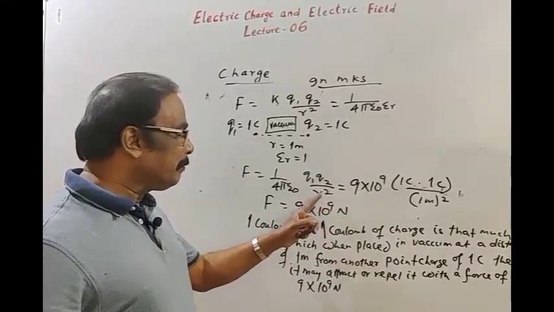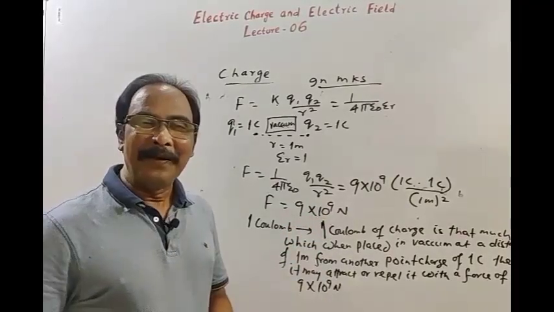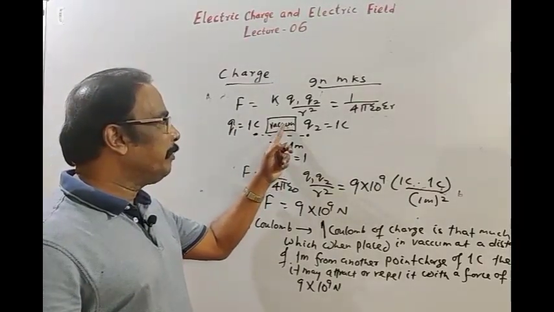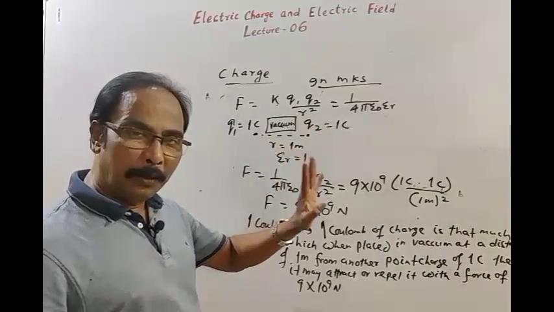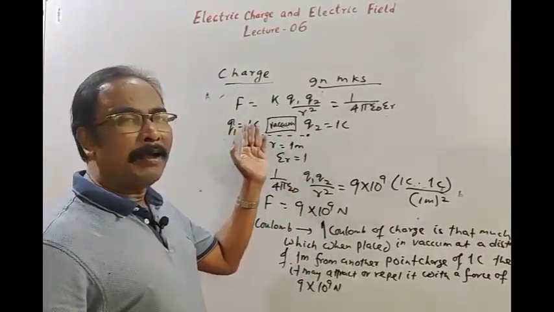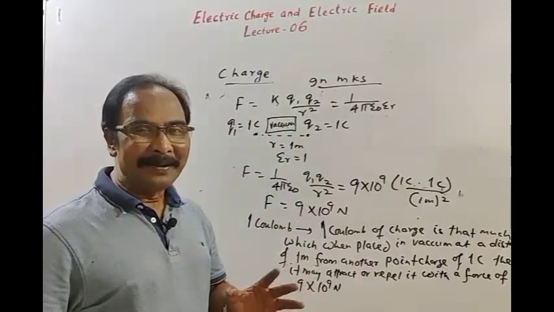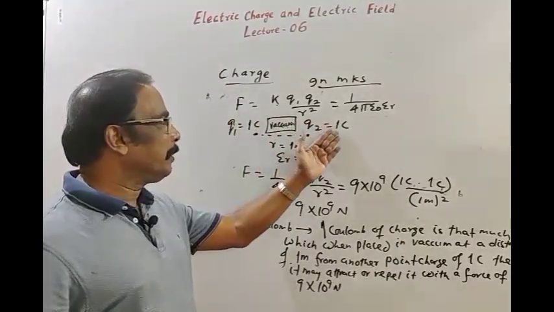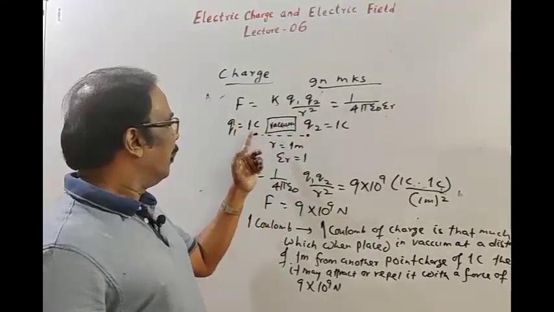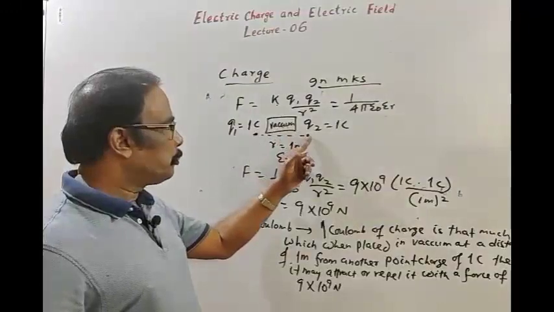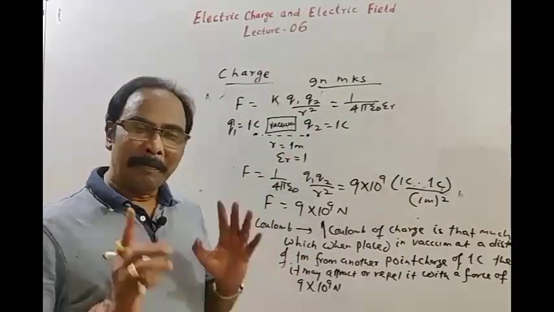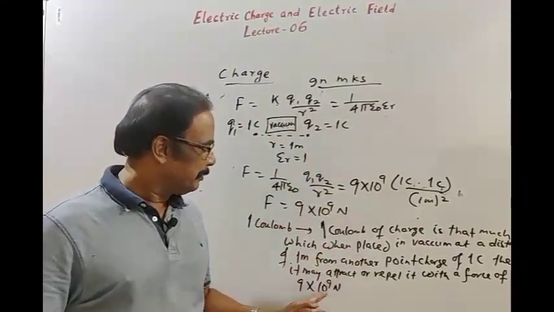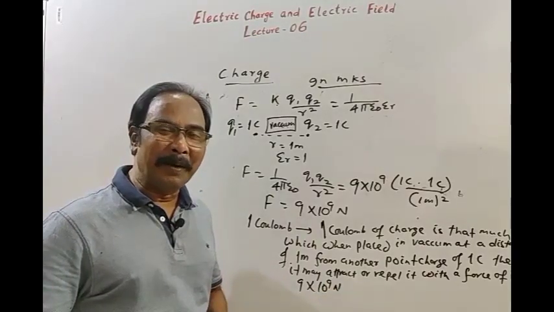So on the basis of this calculation, we can define 1 Coulomb. 1 Coulomb is that much charge which, when placed at a distance of 1 meter in vacuum from another equal charge of 1 Coulomb, may attract or repel depending upon the nature of charge: positive-positive repulsion, negative-negative repulsion, positive-negative attraction. It will repel or attract with a force of magnitude 9 into 10 to the power 9 Newton.